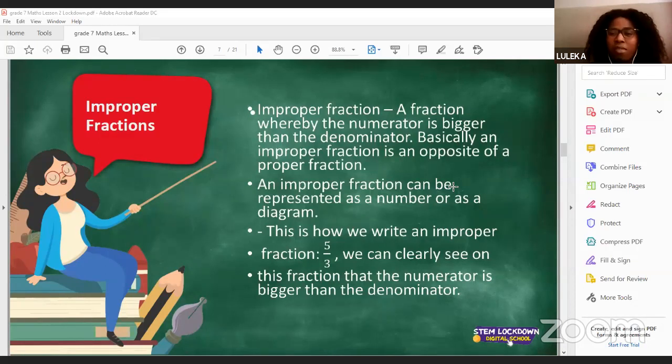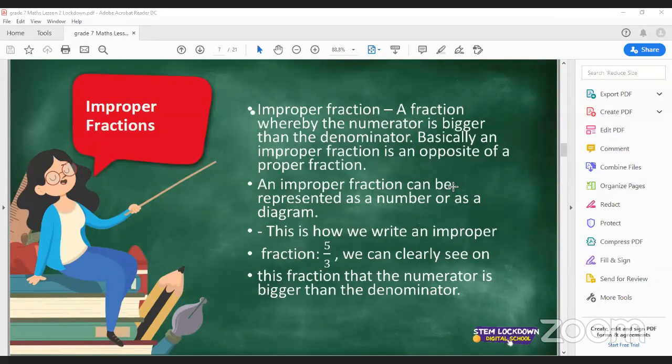I know we did this already. In the same way, an improper fraction can be represented as a number or a diagram. I have an example there, and this is how we write an improper fraction: 5/3, meaning that the numerator is bigger. In that case, the numerator is 5.